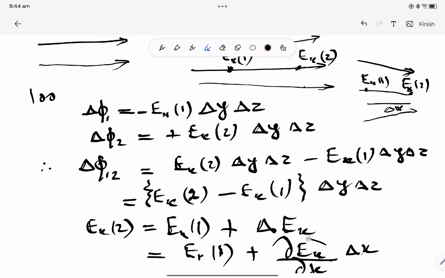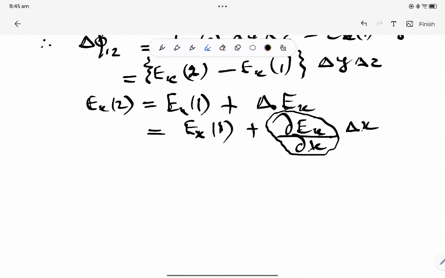This is the rate of change of electric field with respect to X. That means how much the electric field changes with a unit change in X. But we did not change X by 1 unit. X changed by delta X. Suppose we did not purchase 1 book, we purchased 10 books. How to calculate that cost? Multiply by 10. Multiply this by delta X. So my dear students, I think this is clear to you.